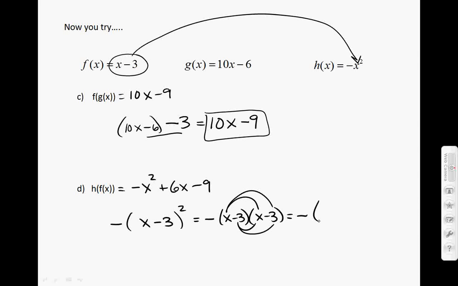So this is negative x squared minus 6x plus 9. And to make it even more simplified, I wanted to take this negative and distribute it to all three terms. So this is negative x squared plus 6x minus 9.